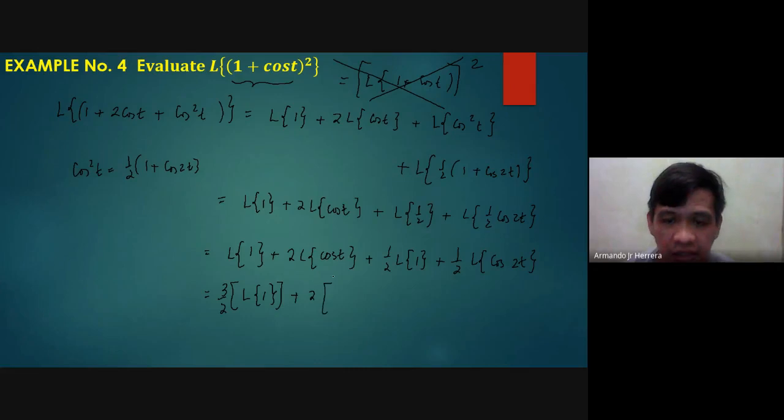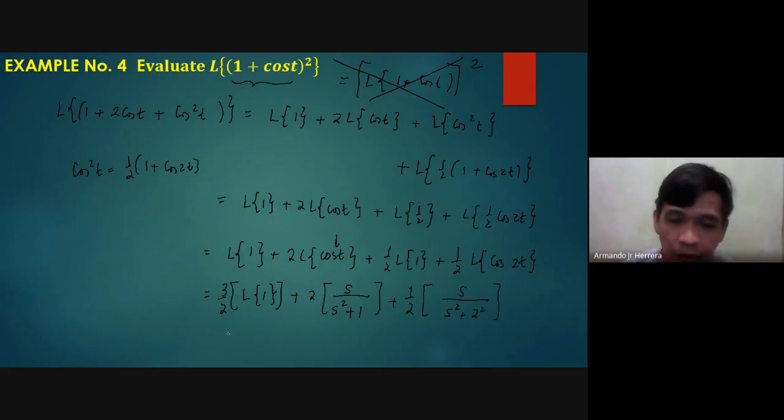plus 2 Laplace transform of cosine of t, that's s over s squared, plus yung coefficient ng t here, which is 1 raised to the second power, that's 1, plus 1/2 s over s squared plus 2 squared.